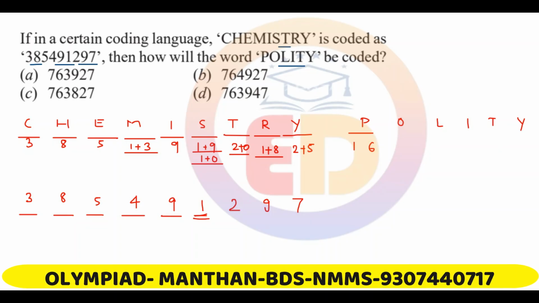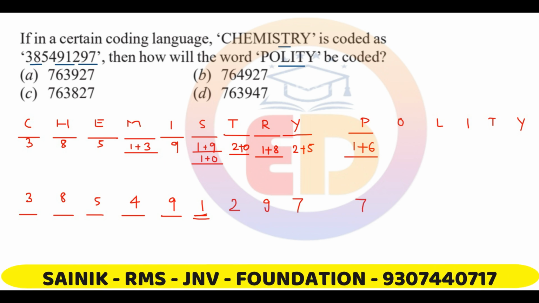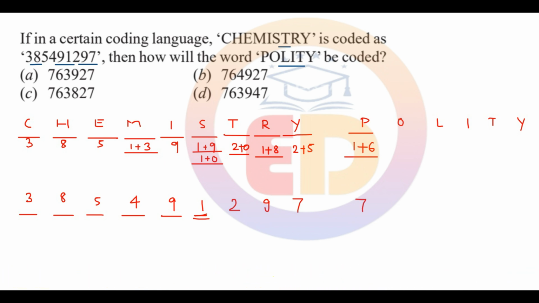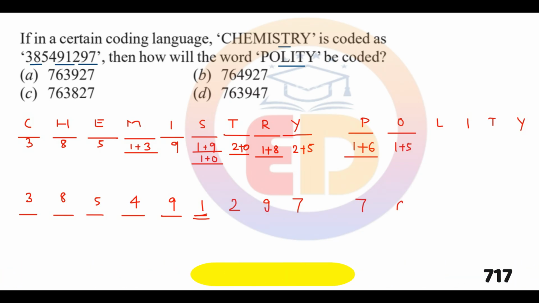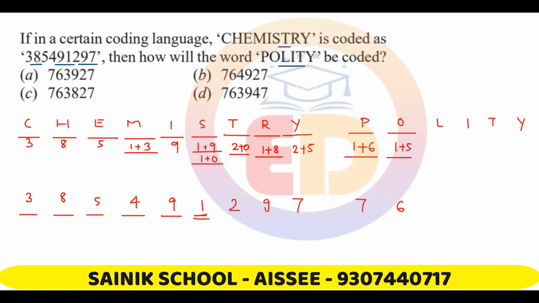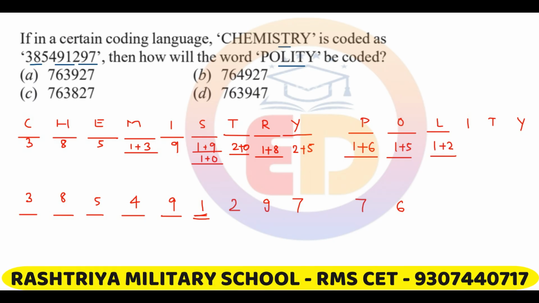P is 16, add the digits 1 plus 6. It will be 7. O is 15, add the digits 1 plus 5. It is 6. L is 12, add the digits 1 plus 2. It will be 3.